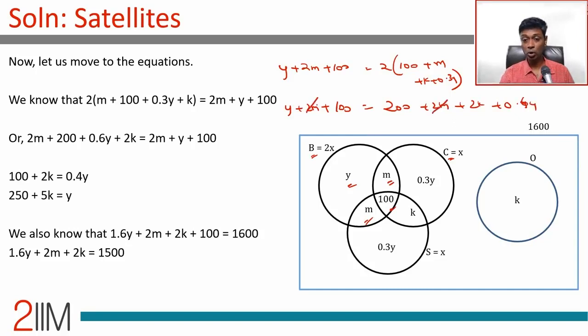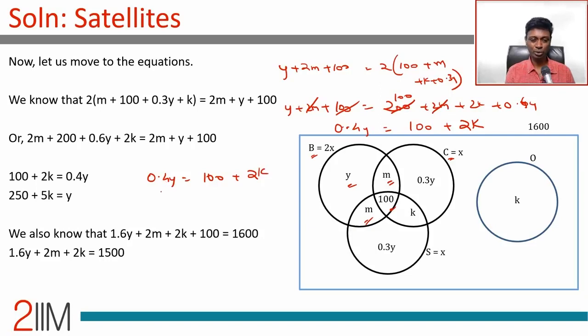Luckily the 2M goes away. This 100 comes this side, 200 minus 100 is 100. This 0.6Y can come this side. 0.4Y equals 100 plus 2K. There is something linking Y and K. So we know that 0.4Y is 100 plus 2K.